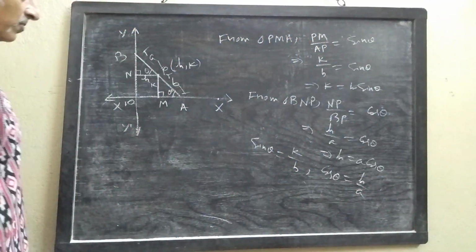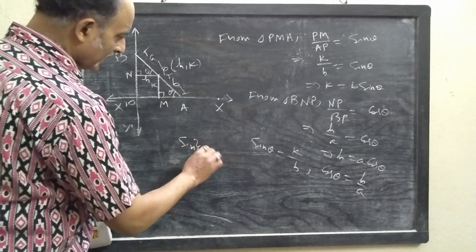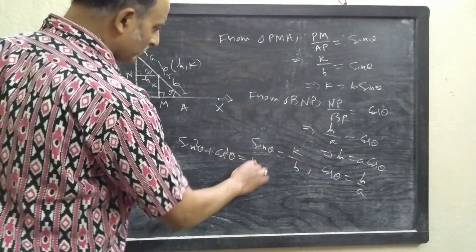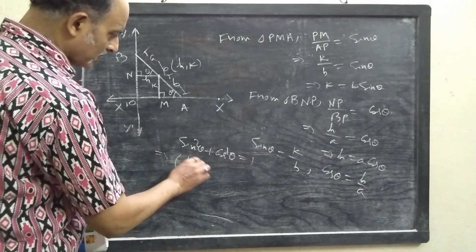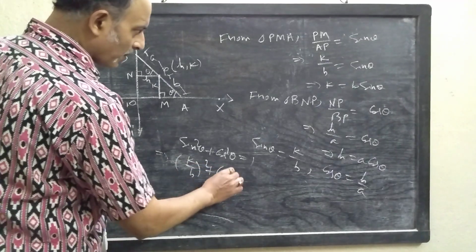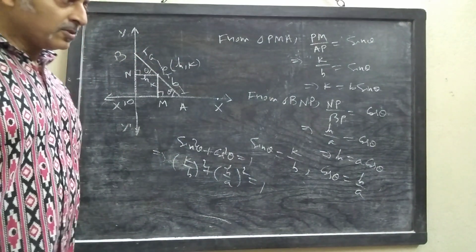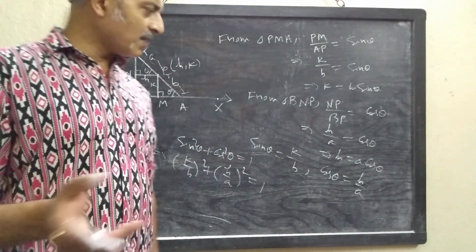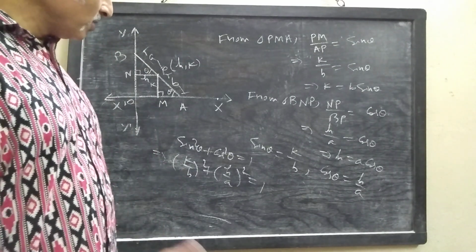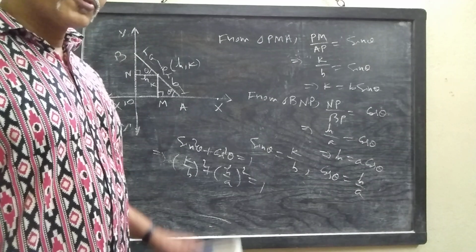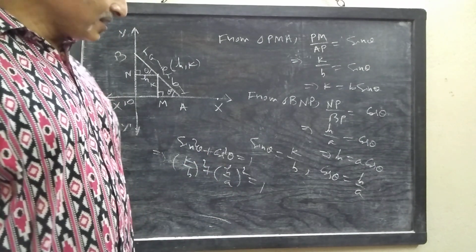Now for all real values of theta we have sin square theta plus cos square theta equals 1. Sin theta is k by b, plus h by a whole square equals 1. When I gave you the algorithm, in the third step I told you that you have to try to get a relation between h and k. This is our attempt to get a relation between h and k.